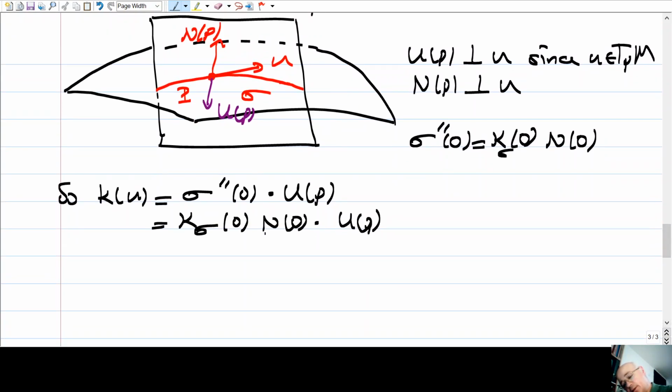And since these are either equal or one of them is the opposite of the other one, this is plus minus 1. Therefore, this is just plus minus the curvature of the curve sigma.